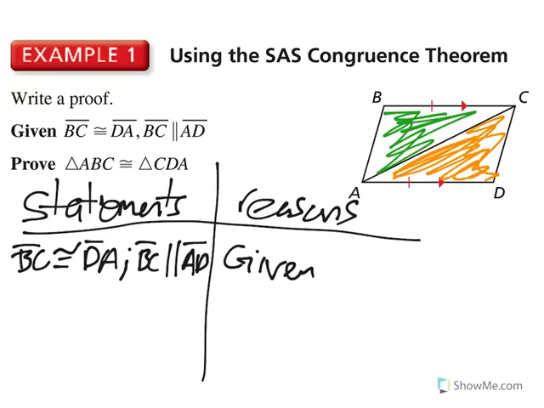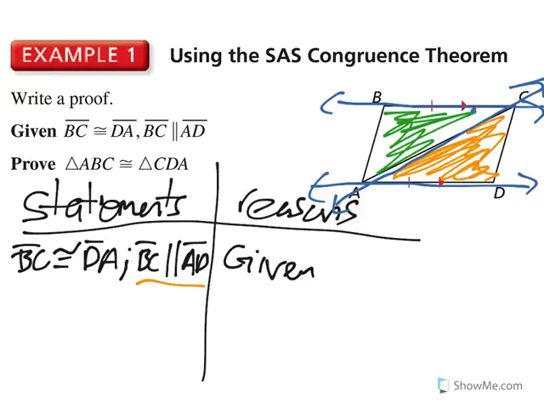So when I look at this, let's look at our second statement here. We have that BC is parallel with AD. If they're parallel to each other, think about parallel lines and transversals. Notice if I were to extend this BC and this AD, so I have two sets of parallel lines here, and then if I extend AC to be my transversal, then I can look at alternate interior angles and they will always be congruent.